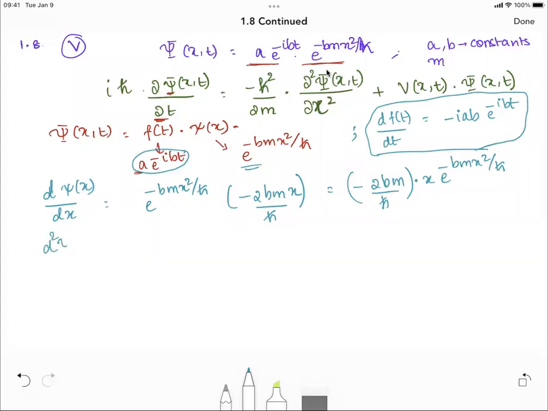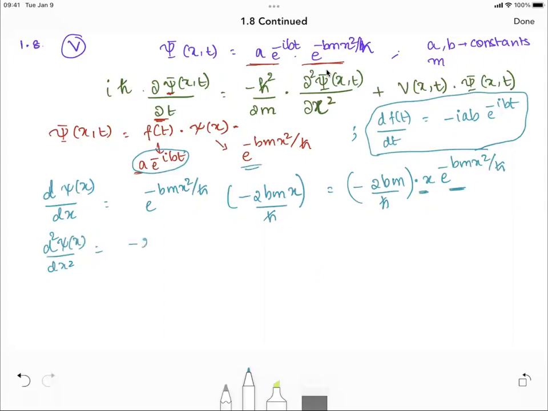Now that we have the first derivative, let's take a look at the second derivative. The second derivative would be just taking a derivative of the first derivative. That shouldn't be that bad. However, we have two terms that are dependent on x, so we have to use the differentiation of a product rule. So let's first differentiate the exponential term.